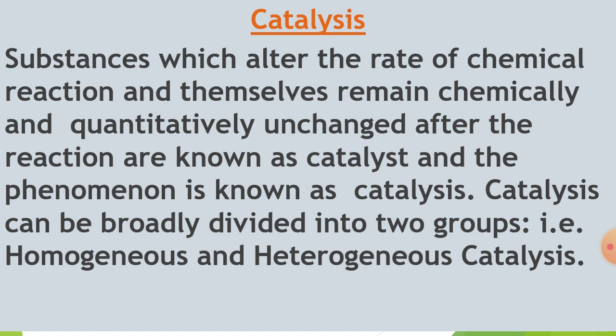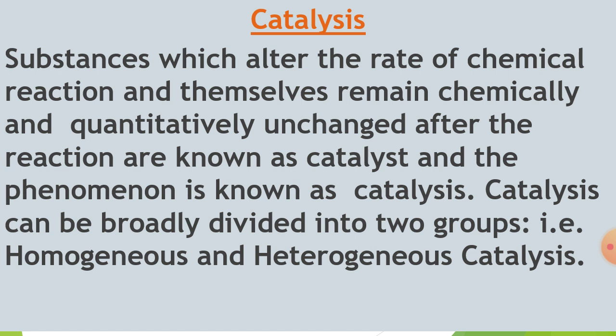So again, define this: substances which alter, that is change, the rate of a chemical reaction and themselves remain chemically and quantitatively unchanged after the reaction are known as catalysts, and the phenomenon, that is the process, is known as catalysis.